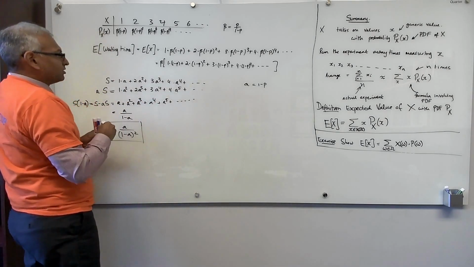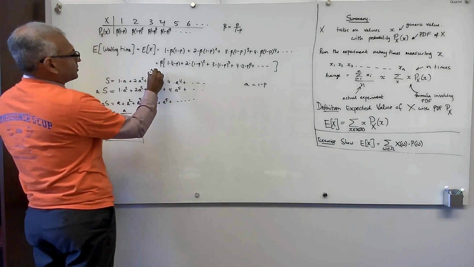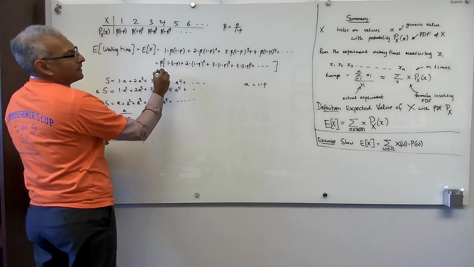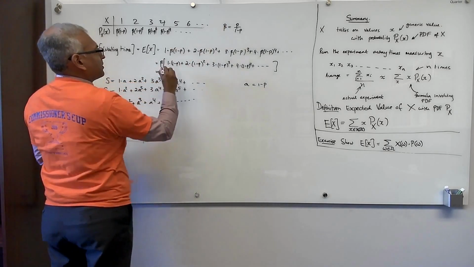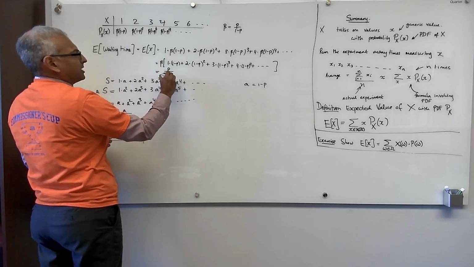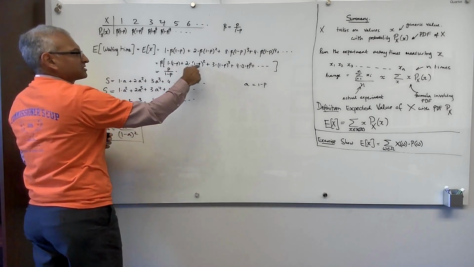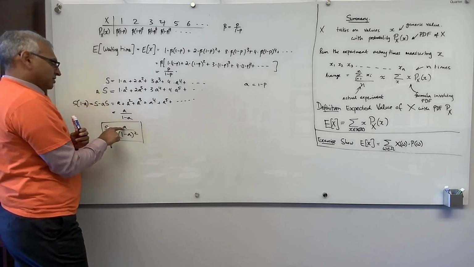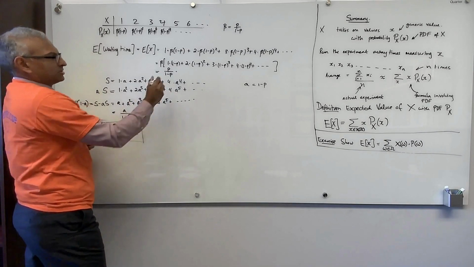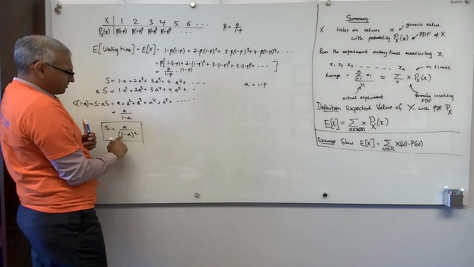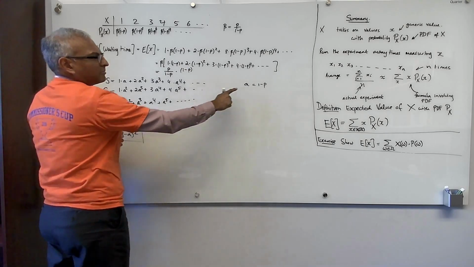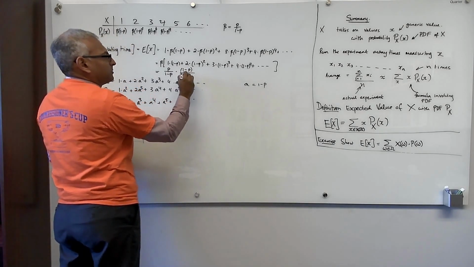So the expected value of x is equal to p over 1 minus p times this sum which we just computed. So we have a, which is 1 minus p, divided by (1 minus a) squared. So 1 minus a is just p, so divided by p squared.